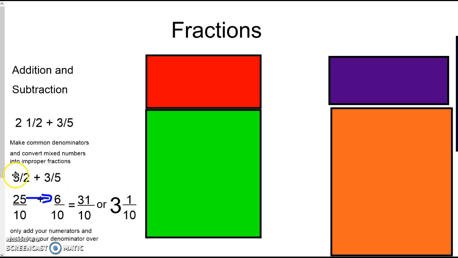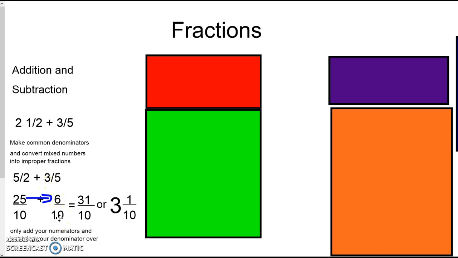So you can see I multiplied this 5 over 2 by 5, the denominator on the other side, and it became 25 over 10. I multiplied both numbers by 5. So I have 25 over 10 plus, now I'm going to multiply this 3/5 side by the opposite denominator, 2, and get 6/10. When you multiply 3 by 2 you get 6, and 5 by 2 you get 10.